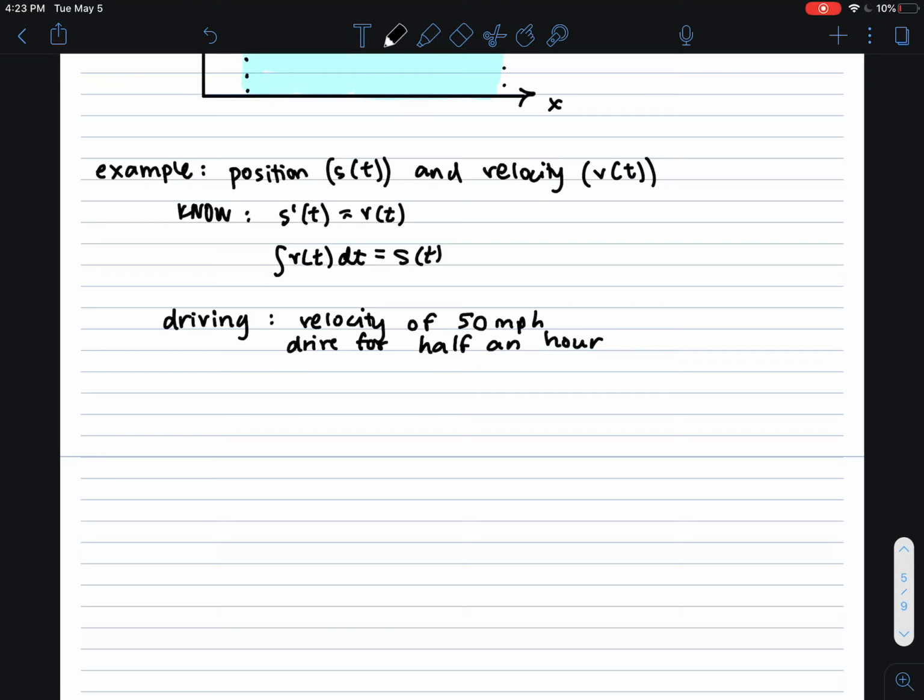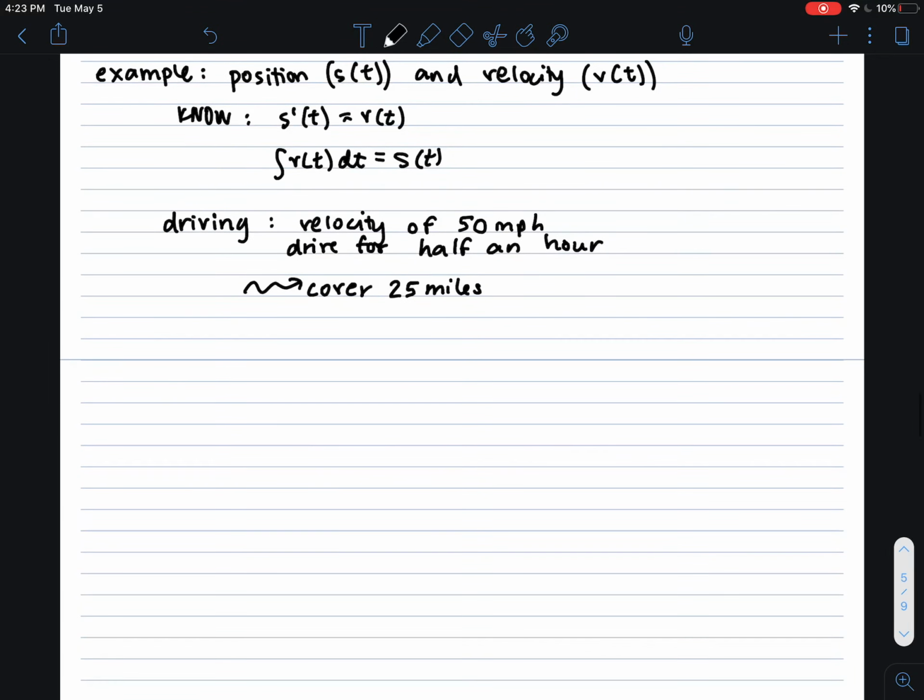Hopefully just using basic unit conversions, you guys could tell me that in that time we would cover 25 miles. Right, we have 50 miles an hour, we're going half of an hour, so we get half of that 50 miles, 25 miles. But let's see how that transfers into a graph of this.